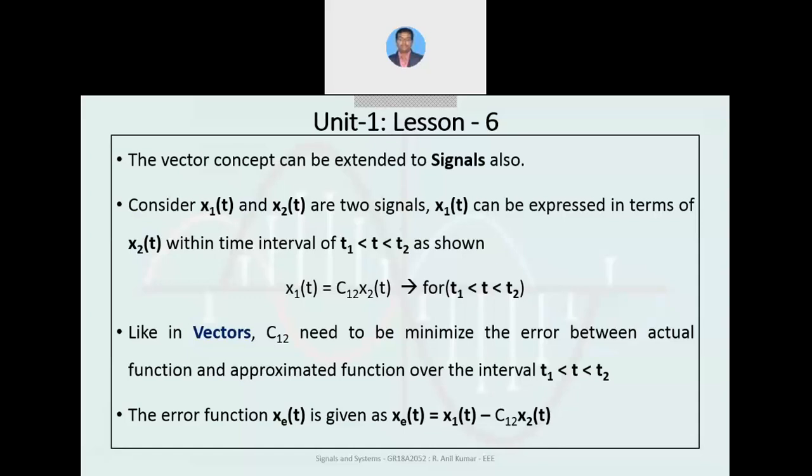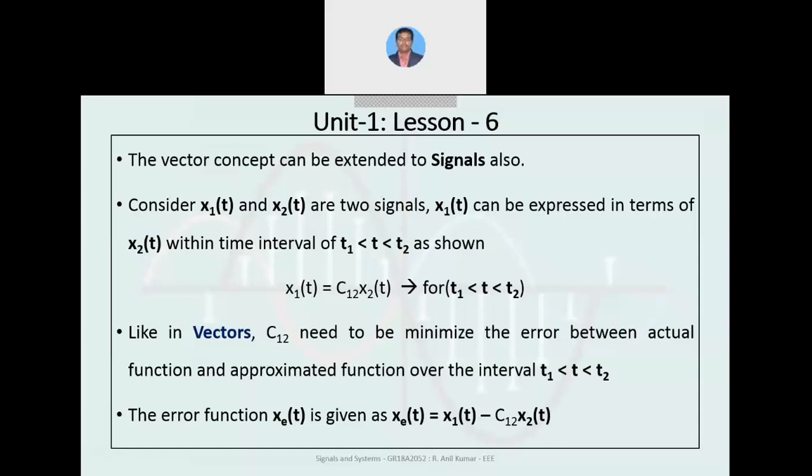The main condition, as in vectors, is to minimize c12, and how c12 can be minimized we are going to see in this presentation. Please remember that the signals we define are within the time interval t1 to t2.